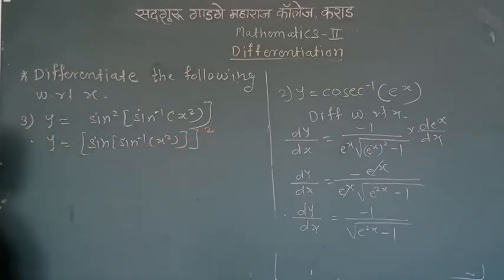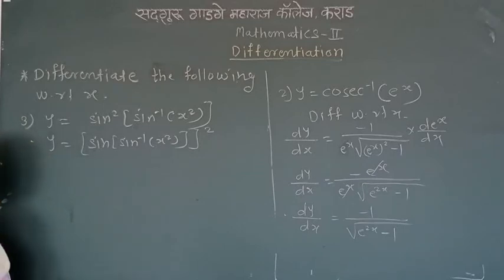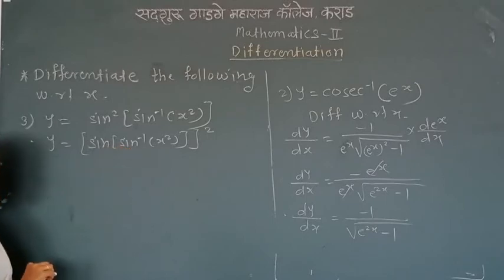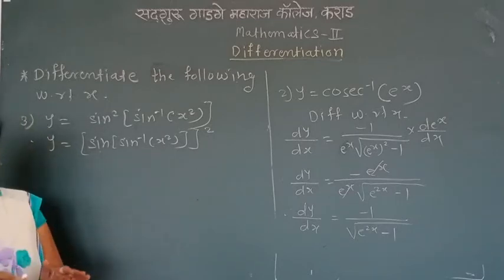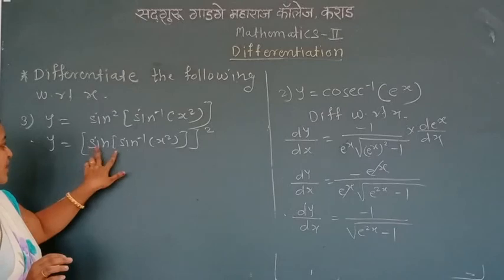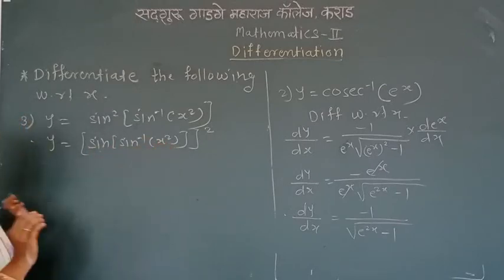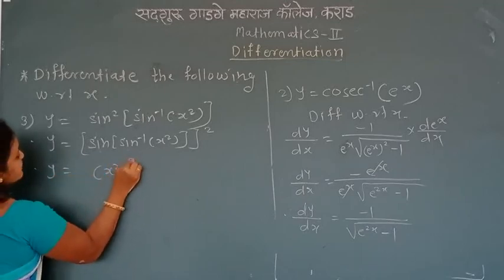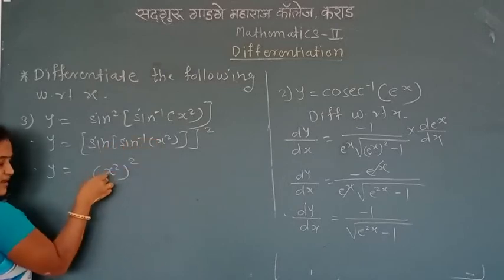Okay, but before we find the derivative, first we check sine of sine inverse of x. We have an identity formula: sine inverse of sine x, or sine multiplied by sine inverse, whatever the term, we can write only the angle. So sine of sine inverse of x square, we get only the angle x square.